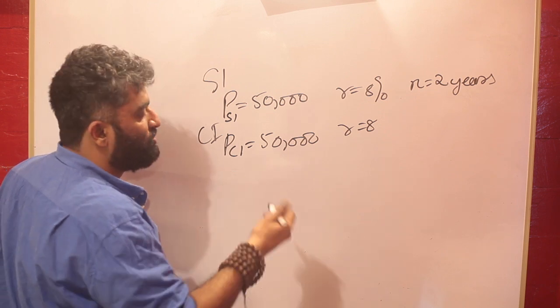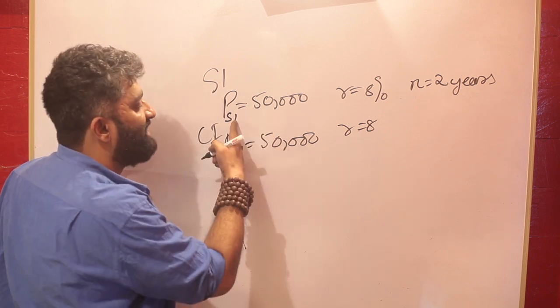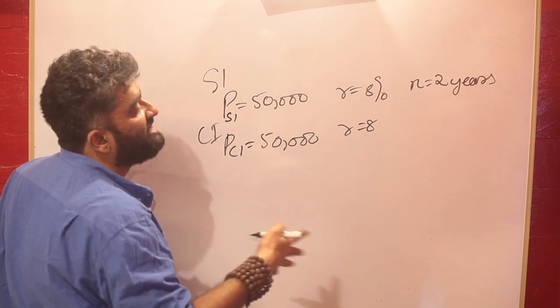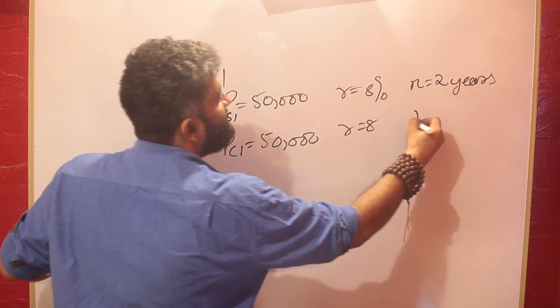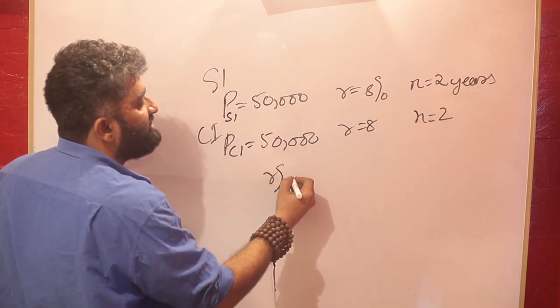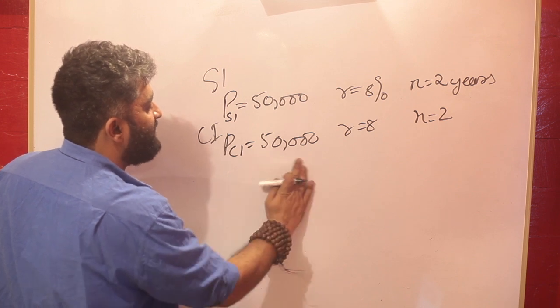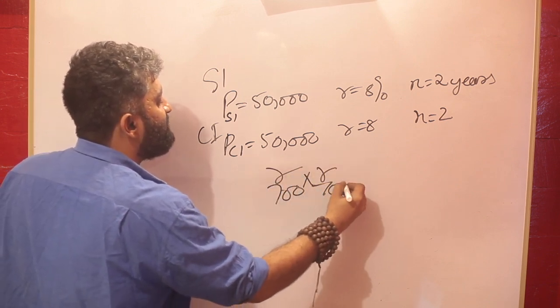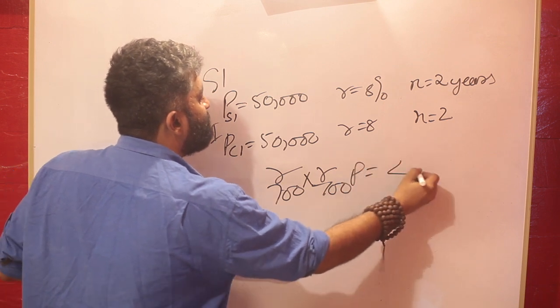So one way would be you find out the amount using the SI formula and you find out the amount using the CI formula. But since the question is about the difference after 2 years, you straight away can go for R%, or let me make it even easier, R by 100 into R by 100 into P will give you the change.